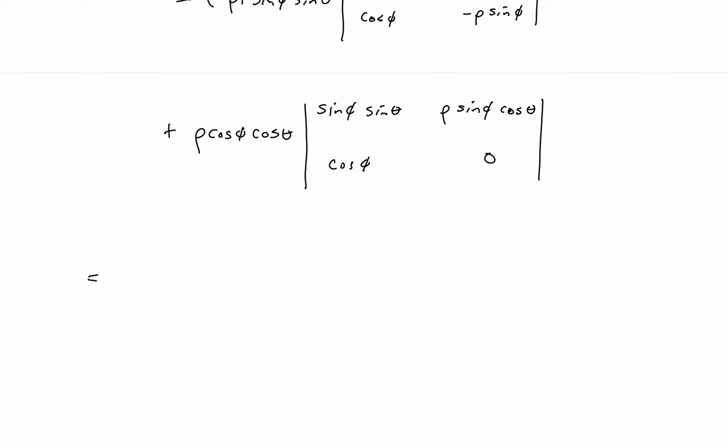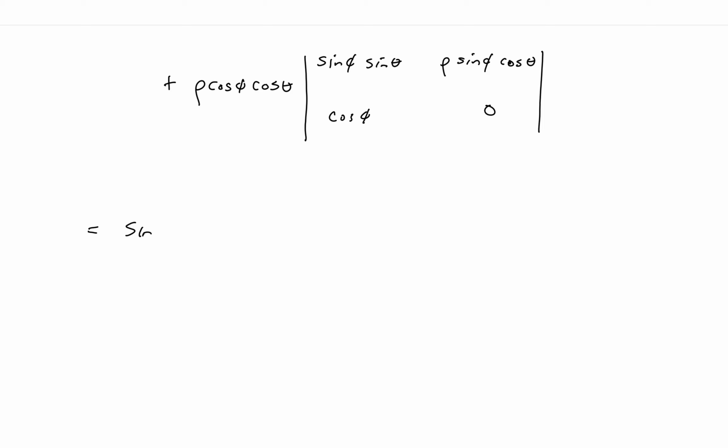So if we do that, I have sine phi cosine theta, and that's multiplied by minus rho squared sine squared phi cosine theta.